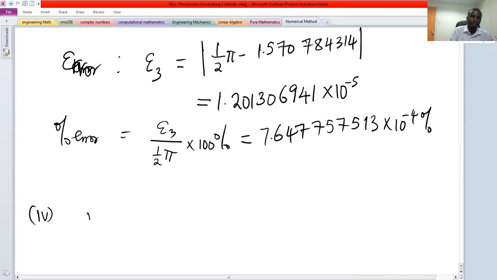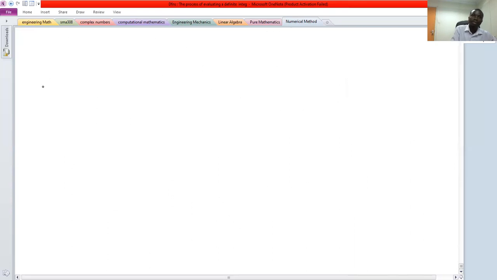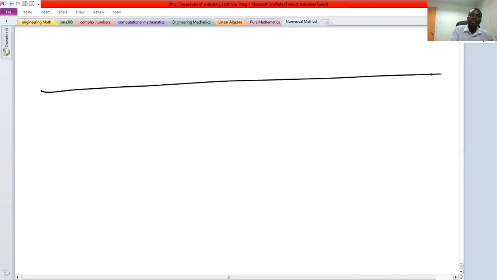Number 4, n equals 10. So h will be 1 minus negative 1 over 10, which is 2 over 10, which is 1 over 5. So you generate the table. So x and then f.